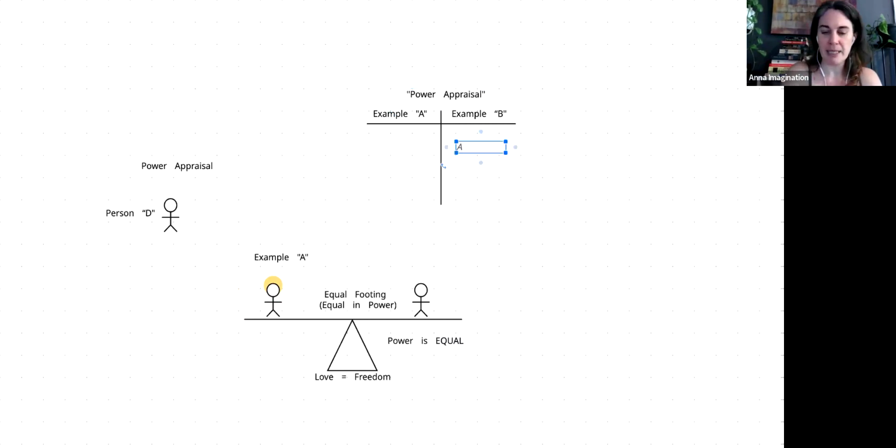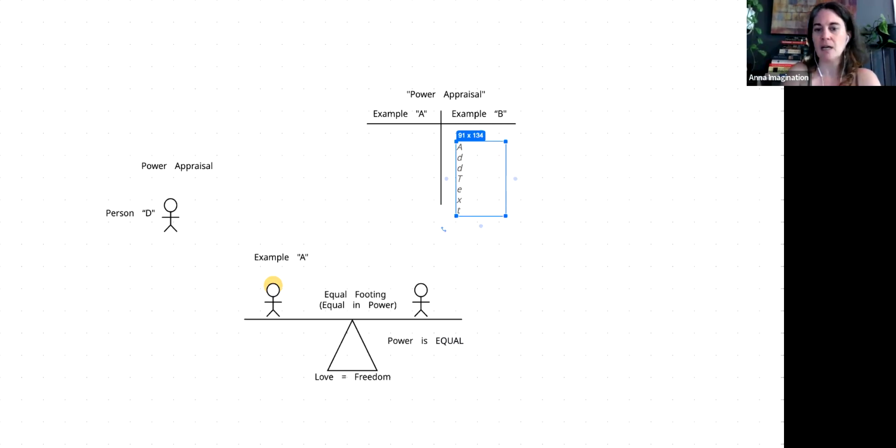In example B, are you ready for this? I'm going to say this, and there's going to be a lot of people going, son of a bitch, and I'm going to go, I know, right? So here you go. These are the things that people in example B use to appraise a person's power. Height, gender, race, skin color, money, wealth, job, status.